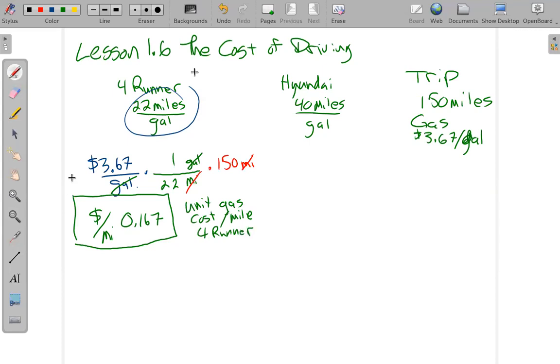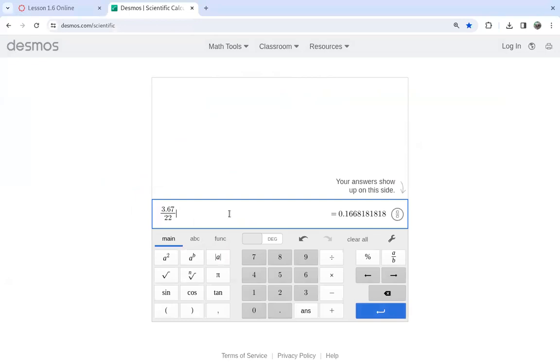So to get the total cost for this trip, you just need to multiply by 150. Do that right in the same line. So then that's going to be $25.02 for that one.